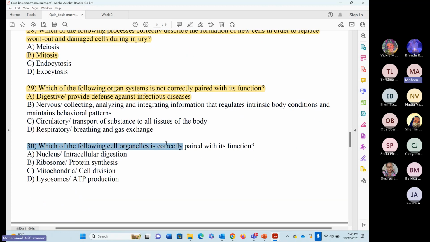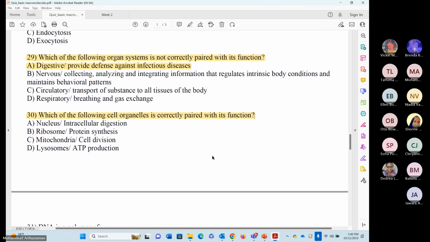Which of the following cell organelles is correctly paired with its function? Is it B? Yes. The ribosome helps in protein synthesis. What is the function of mitochondria? Energy, to produce ATP.